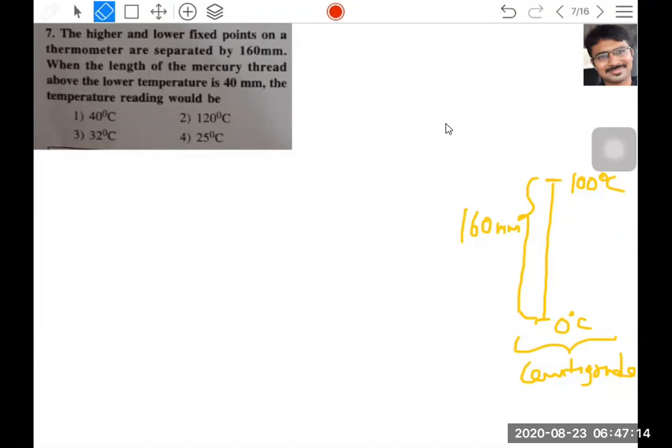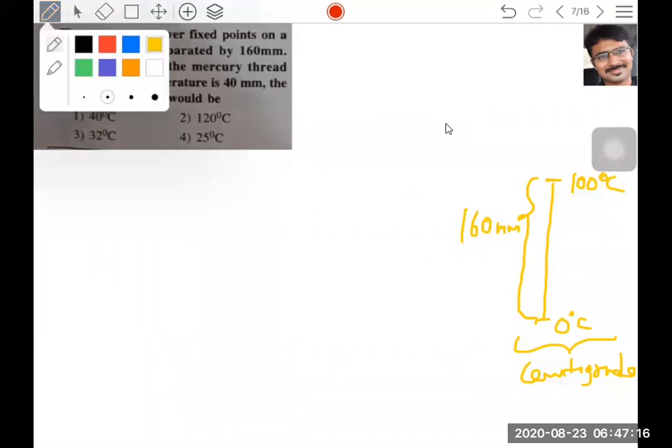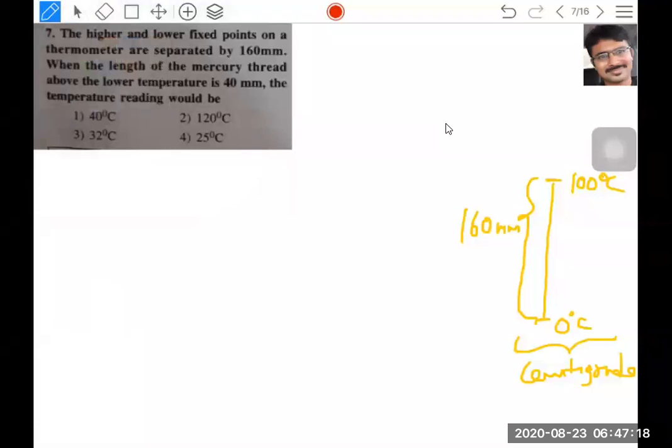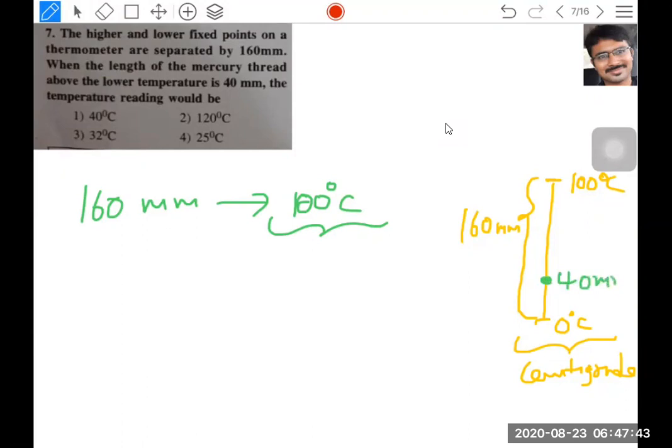So from that information, what should I write now? 160 millimeter corresponds to 100 degrees centigrade. Now they are asking: above the lower temperature, at some point it is 40 millimeter.